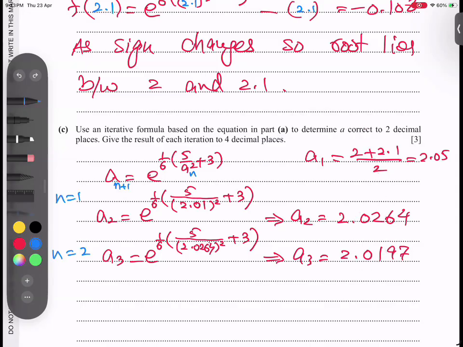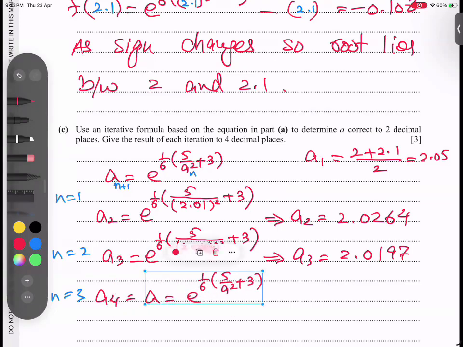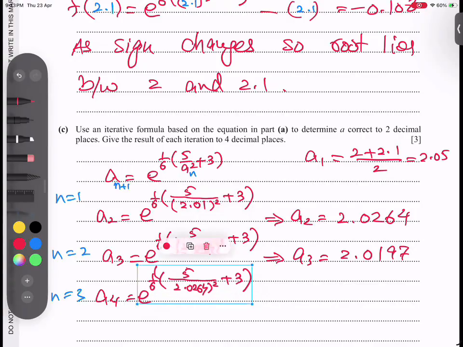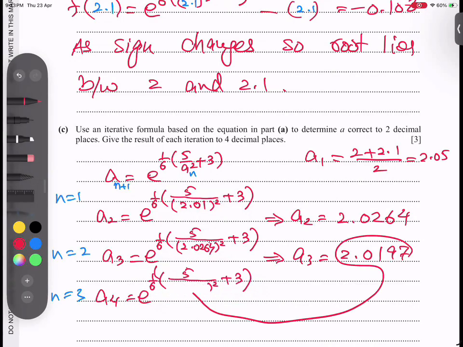So I'll go for n3. So a4 will become, again, paste here, you know very well. Okay, this time again I will remove this value, students, and copy this value here.